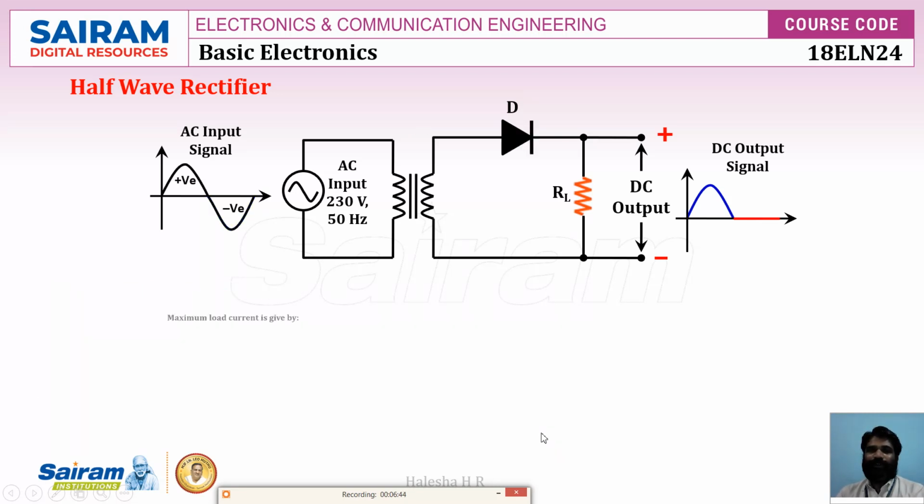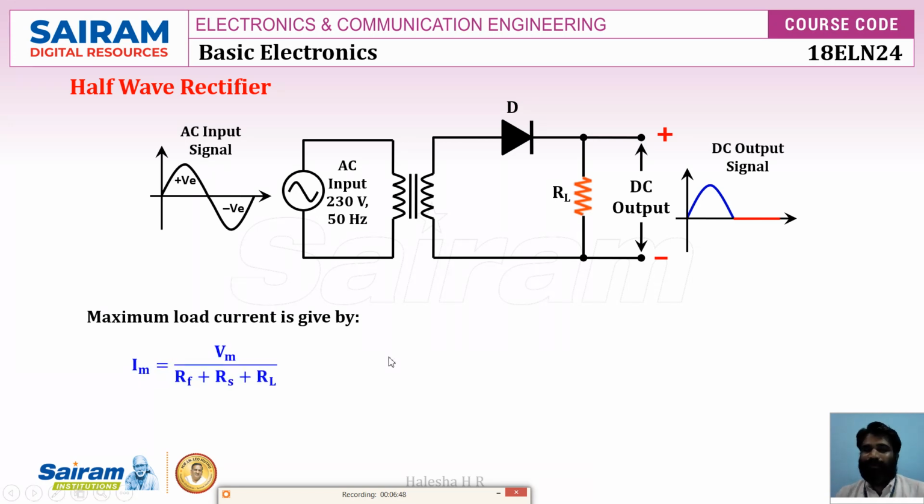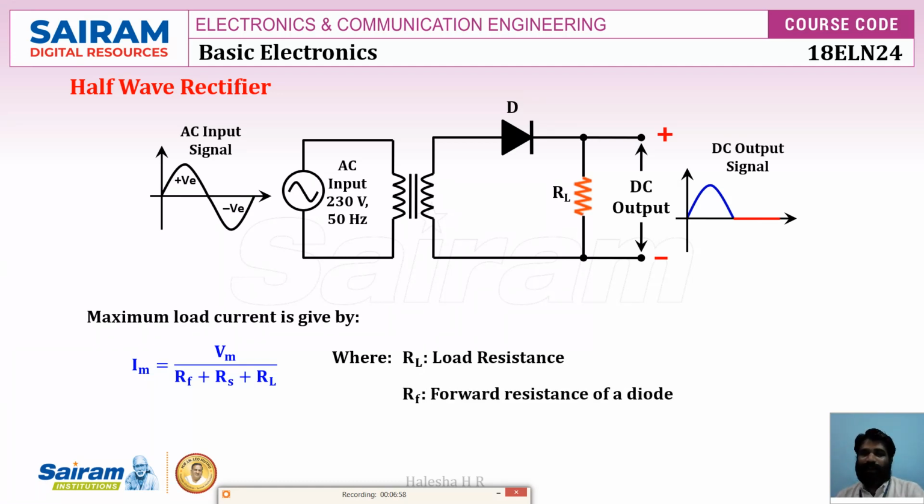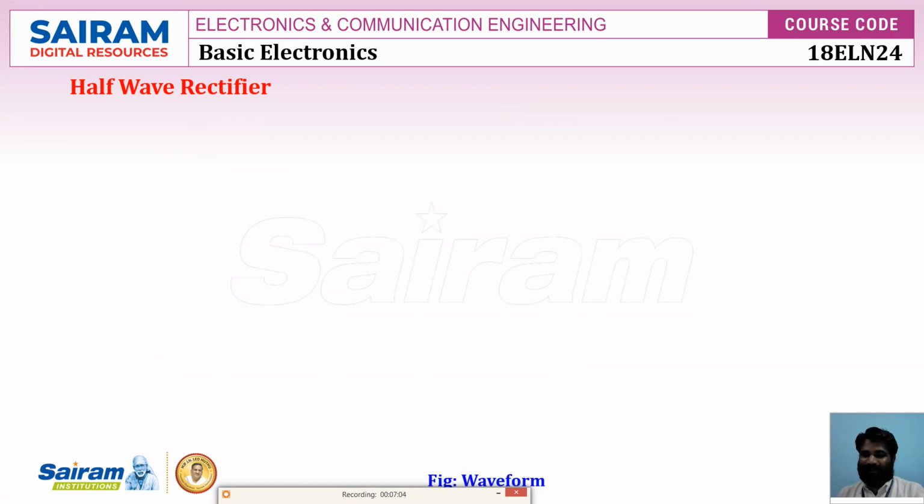The maximum load current Im is equal to Vm divided by Rf plus Rs plus RL. Here RL is the load resistance, Rf is the forward resistance of the diode, and Rs is the secondary transformer winding resistance.